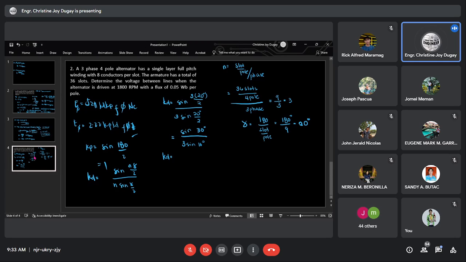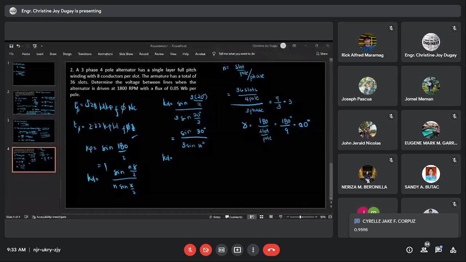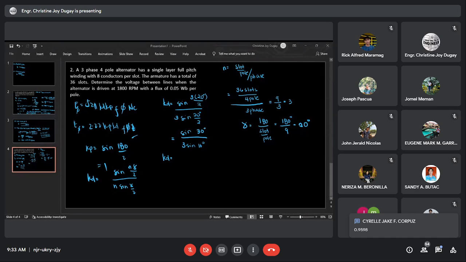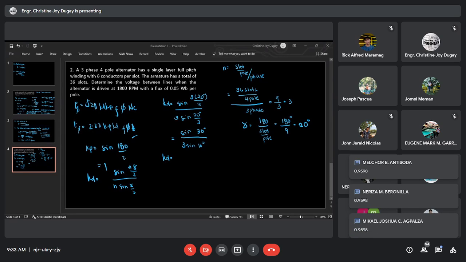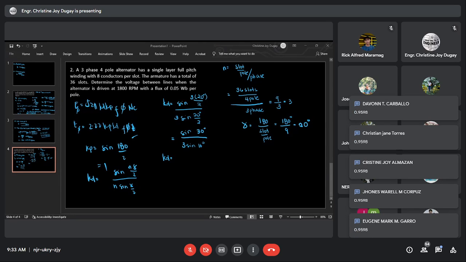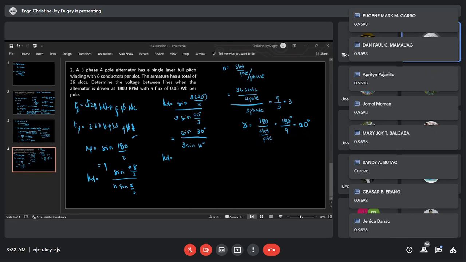Anong value ngayon ng Kd po natin? Ayan, that is 0.9598.